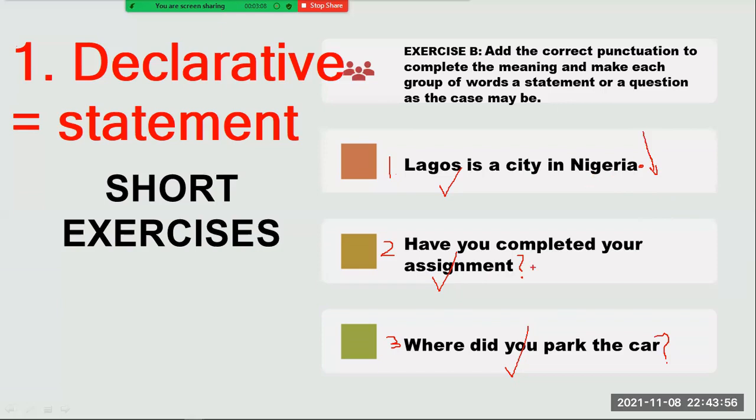Because this is a question, and specifically a yes or no question, it has to end with the rising tone. So in a yes or no question, we use the rising tone. Have you completed your assignment? Rising tone. That indicates we are asking a yes or no question. Then the third one, we use the falling tone when speaking. Where did you park the car? Because this is a WH question, it ends with a falling tone, all right?